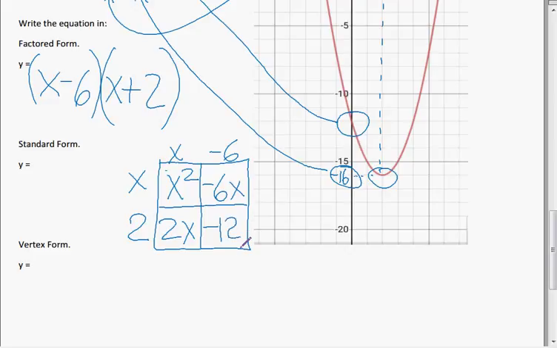So when you do your standard form, you do x squared minus 6x plus 2x, that's minus 4x. And you have minus 12. Okay.